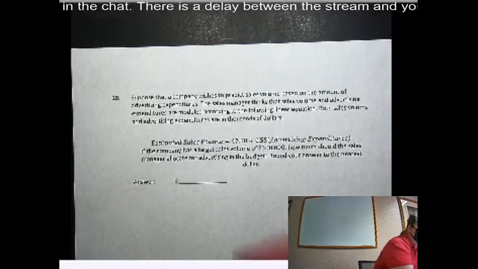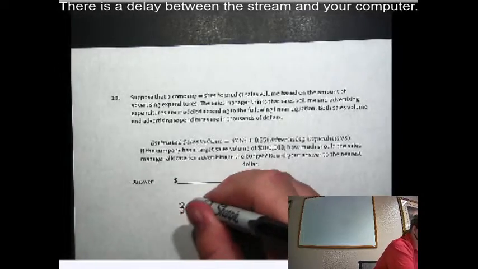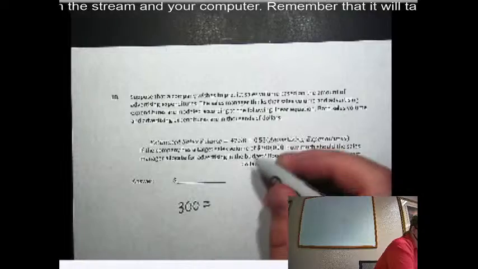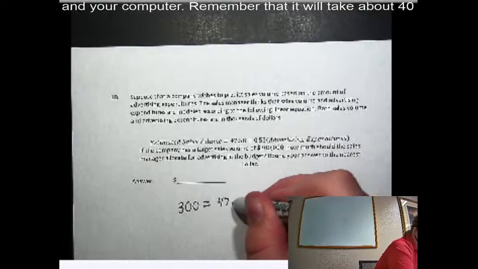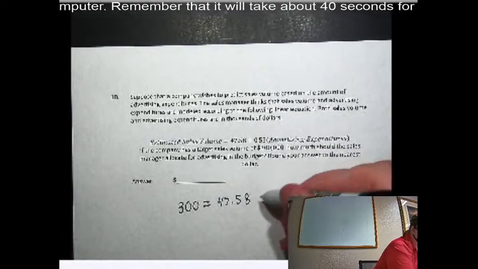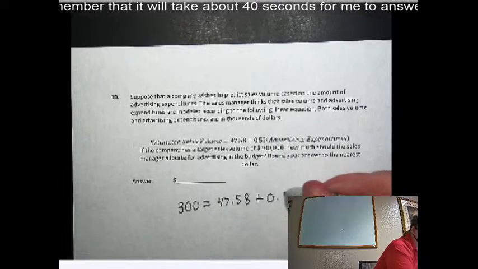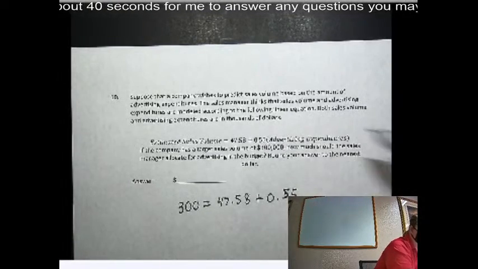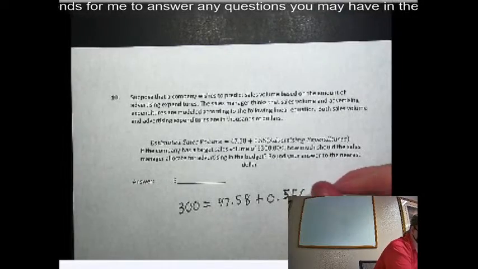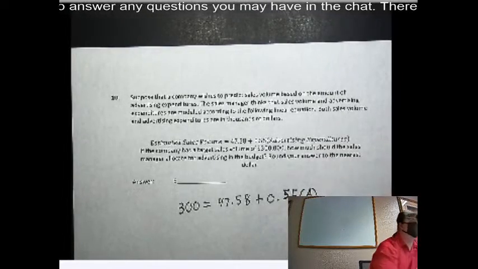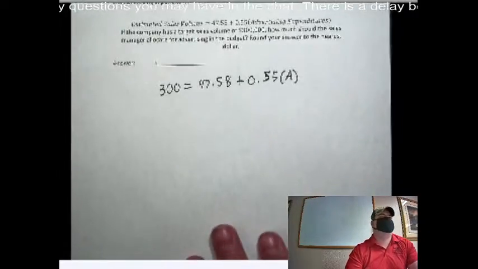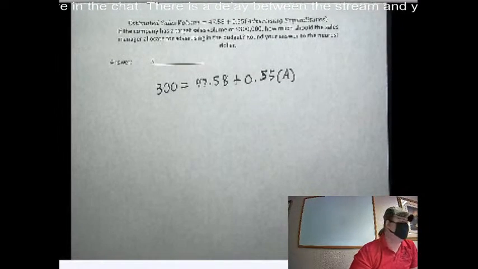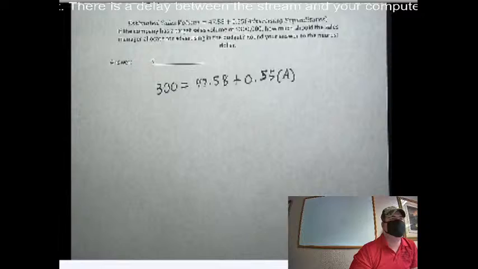Okay. So this will be 300 equals 47.58 plus 0.55 times advertising expenditures, and I'm just going to call that A. Now it's just a matter of solving this.